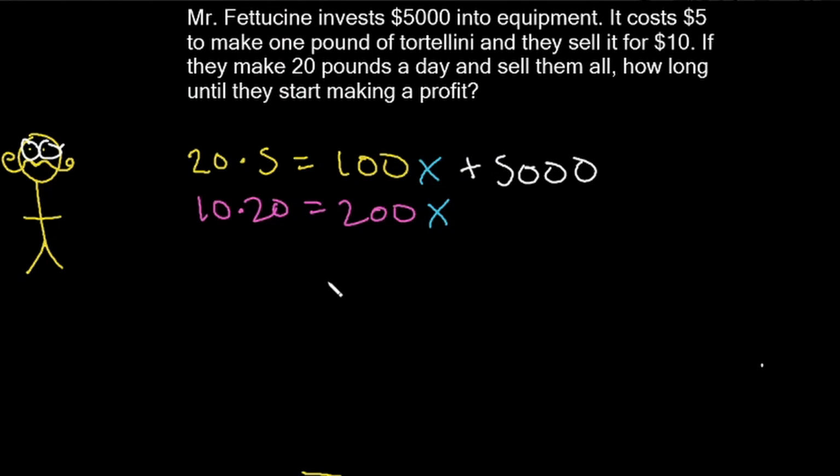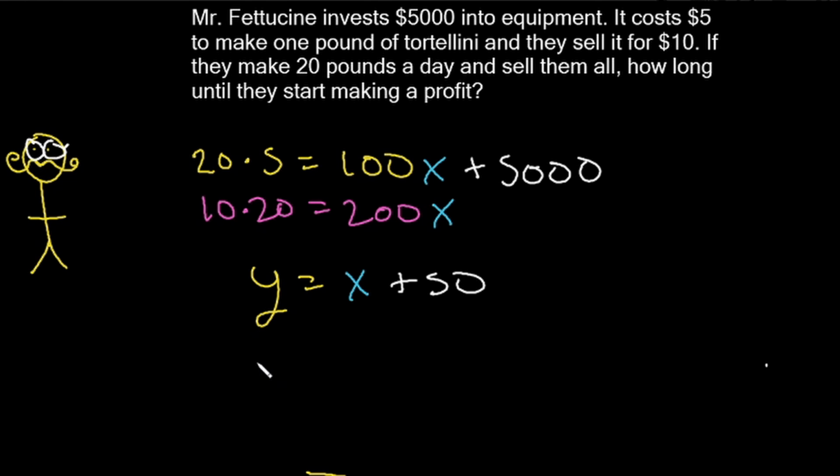So let's rewrite this with some y's. Y is equal to 100. Actually, let's divide everything by 100 to make it simpler. So we'll have y is equal to x plus 50, and we'll have y is equal to 2x.